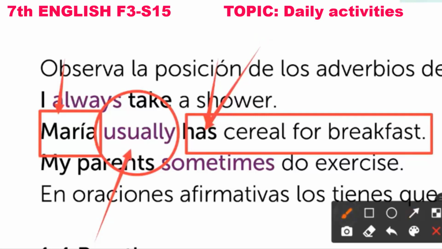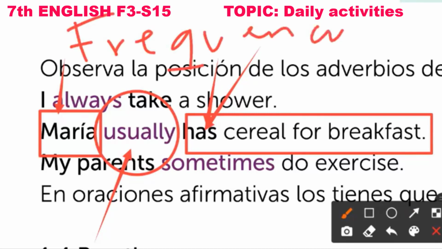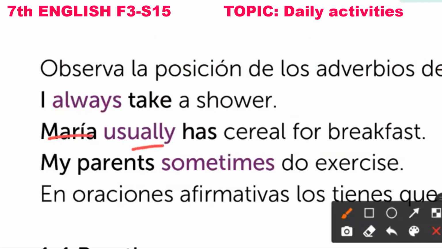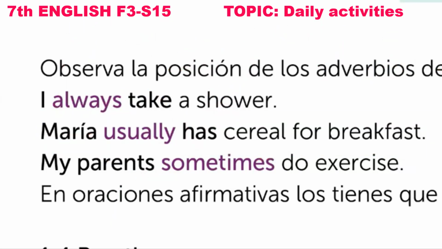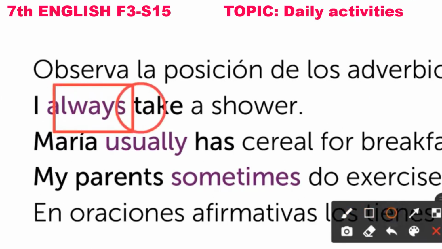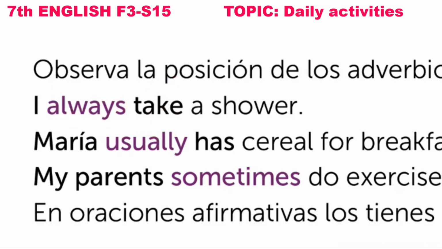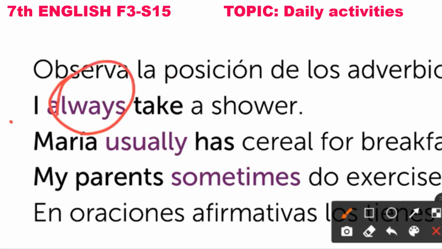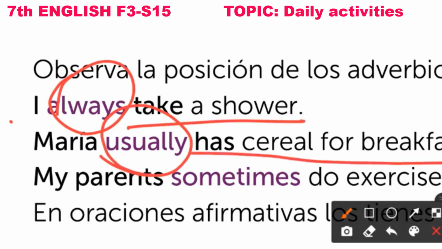El frequency adverb, adverbio de frecuencia, usually. Usualmente. So, María usually has cereal for breakfast. Apréndaselo. El frequency adverb siempre va justo antes del verbo principal en las oraciones. As in, I always, y después el verbo, take a shower. María usually, y después el verbo principal, has cereal for breakfast.